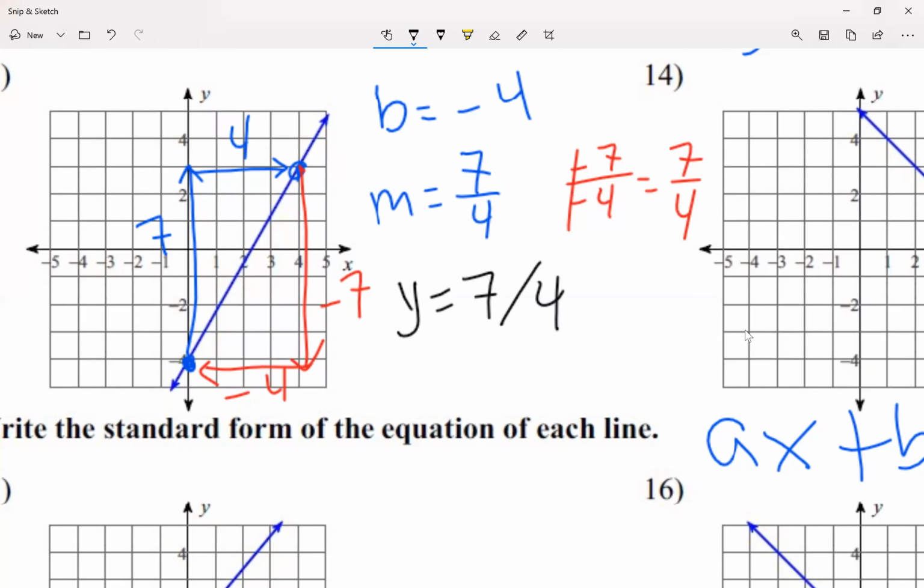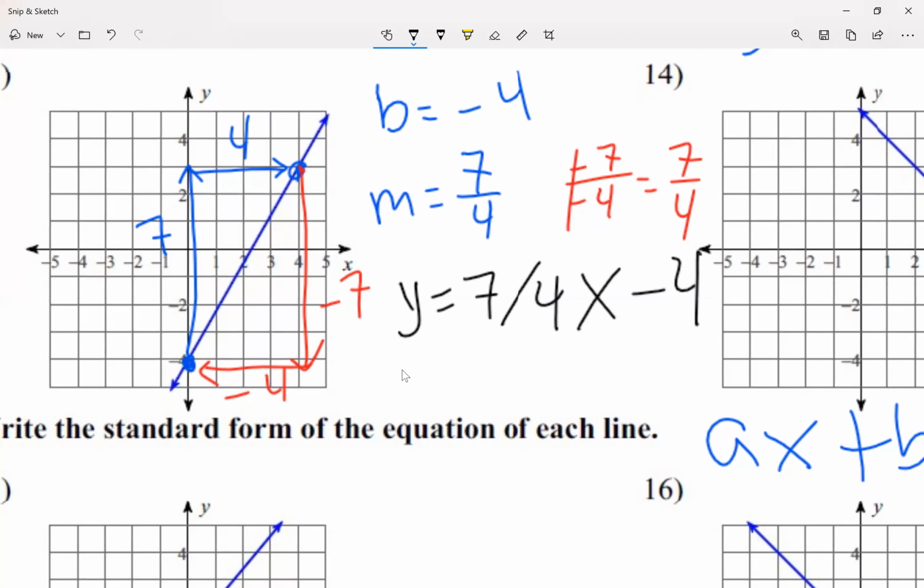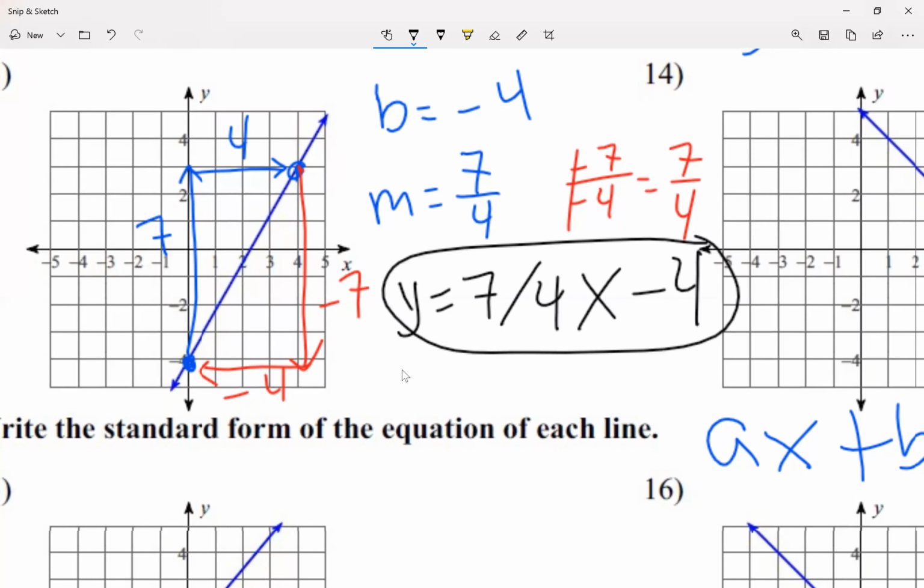If in my fraction there was one negative sign, move it to the front, and simplify the fraction if you can. Here it is just 7/4 x. And then my y-intercept is -4. So with the sign included, I'm going to write -4. So there you go. y equals 7/4x -4.